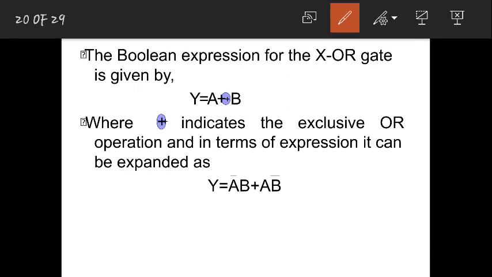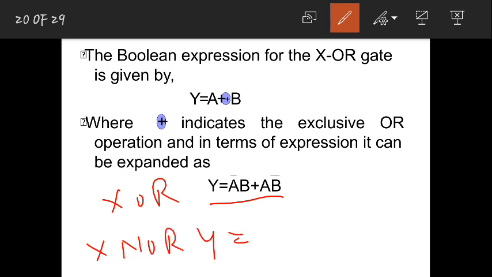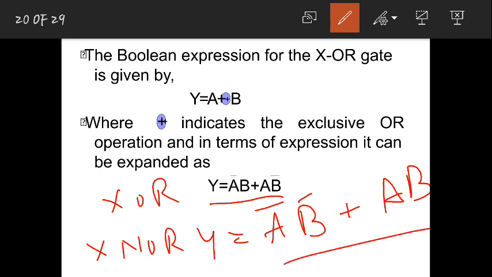See here, this expression I am talking about was for XOR. For XNOR, the expression is y is equal to A bar B bar plus AB. This is the expression. On one side you have complements, and on the other side there are no complements.